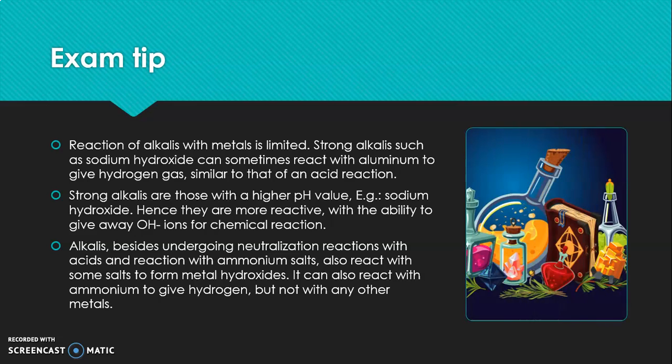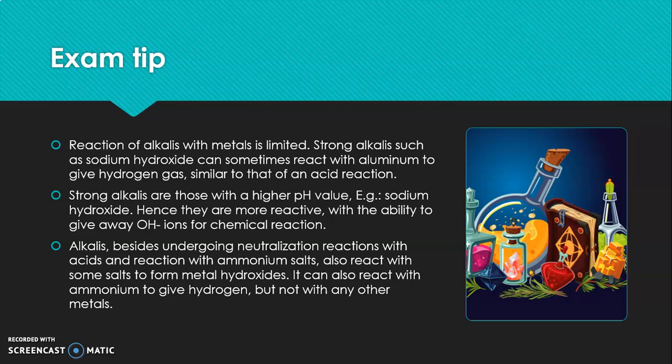Here, exam tip: reaction of alkalis with metals is limited. Strong alkalis such as sodium hydroxide can sometimes react with aluminium to give hydrogen gas, similar to an acid reaction. Second tip, strong alkalis are those with a higher pH value, for example sodium hydroxide.